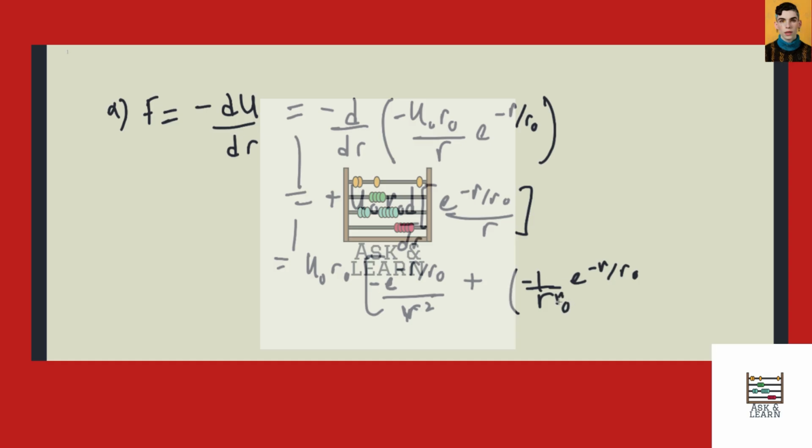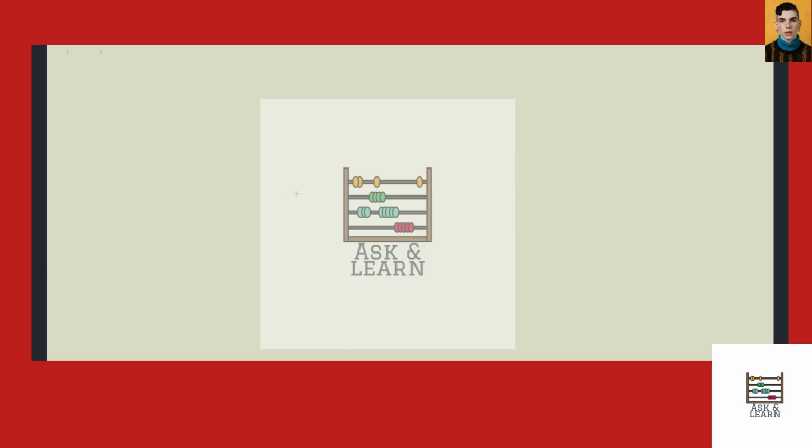So we plug that in there. And what we get is U naught times r naught over r. And there are negative signs in both of them, times e to the minus r over r naught, that's common too, times 1 over r plus 1 over r naught. And that is the force due to the Yukawa potential.